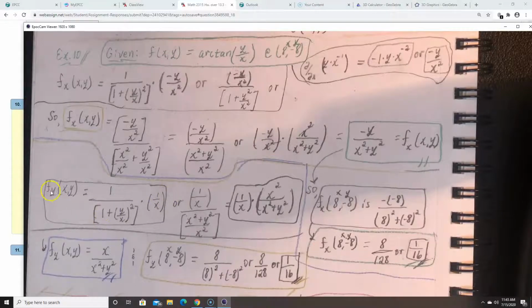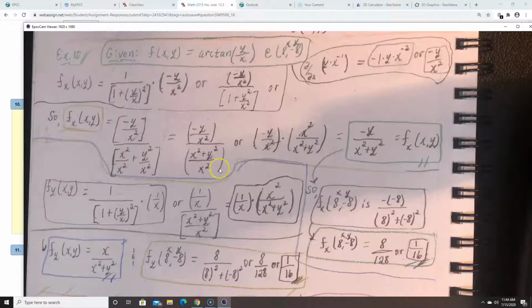So the derivative of f partially with respect to y is 1 over 1 plus y over x quantity squared times the derivative of this inside with respect to y, which is just 1 over x. Clean this up. 1 times 1 over x is 1 over x. Do the same thing we did up here in the denominator.